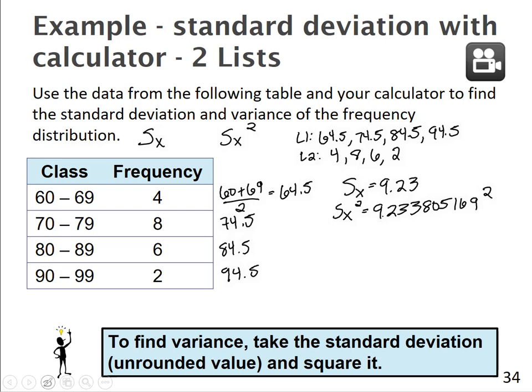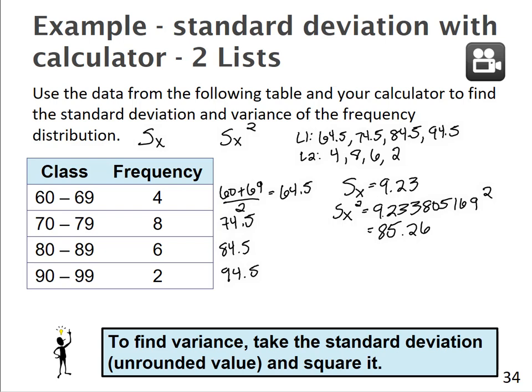So I have to then move back to my calculator, go to the home screen, and square that in the calculator by hand. And when I do that, I get 85.26. Okay? So I have now answered the question.